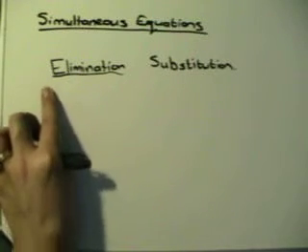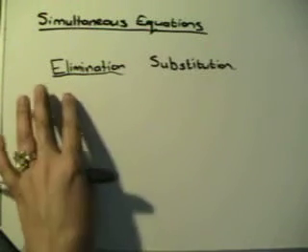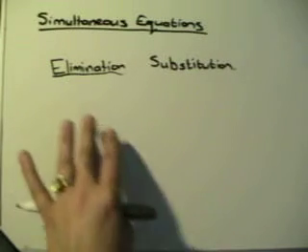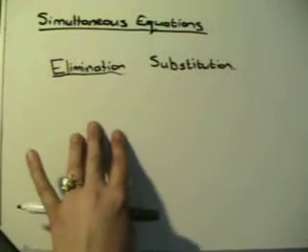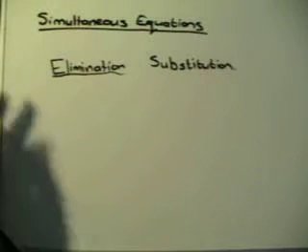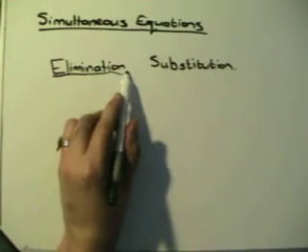Sometimes when you have an equation in linear form and in quadratic form, it might be possible to use the method of elimination, depending on how the equations are written and whether you can write them in the correct form.